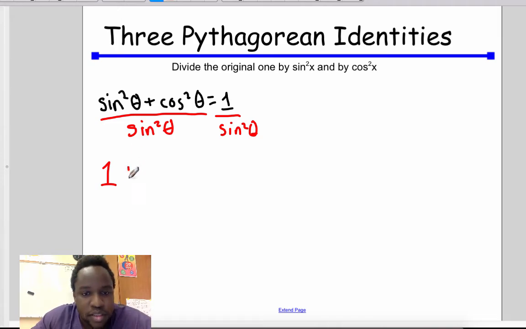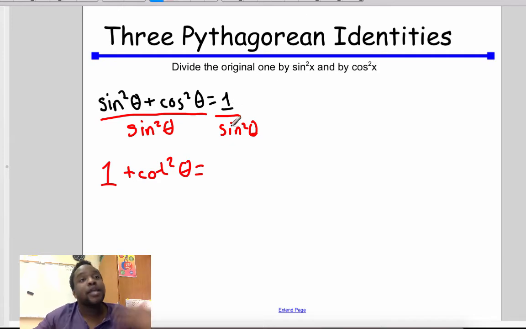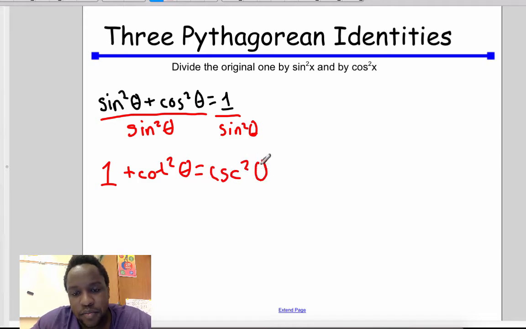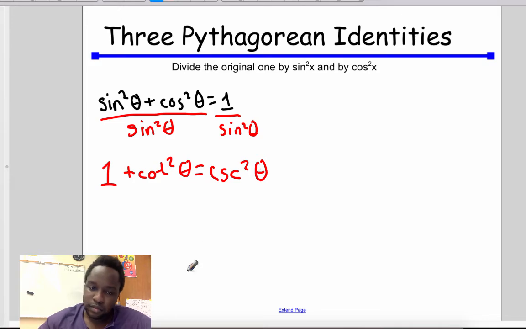So we would say plus cotangent squared theta equals 1 over sine squared theta. Well, 1 over sine is cosecant, so this would be cosecant squared theta. So 1 plus cotangent squared theta equals cosecant squared theta is another Pythagorean identity.